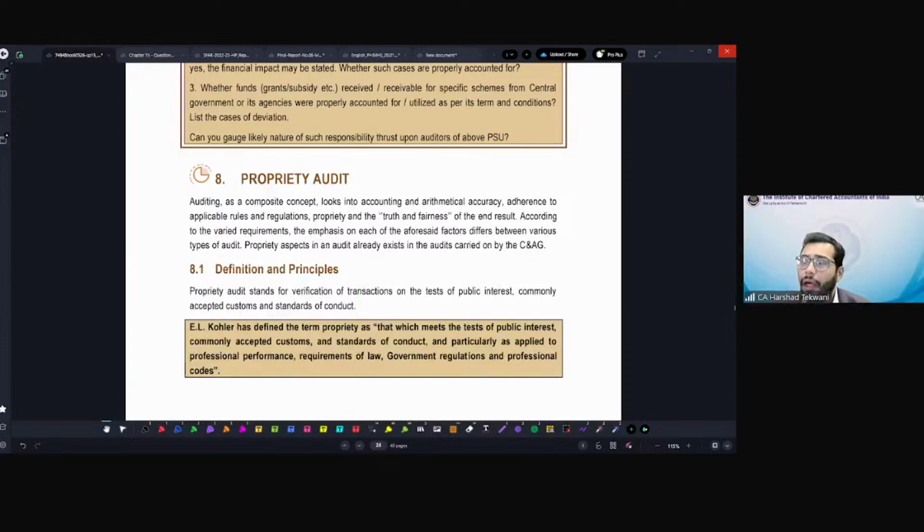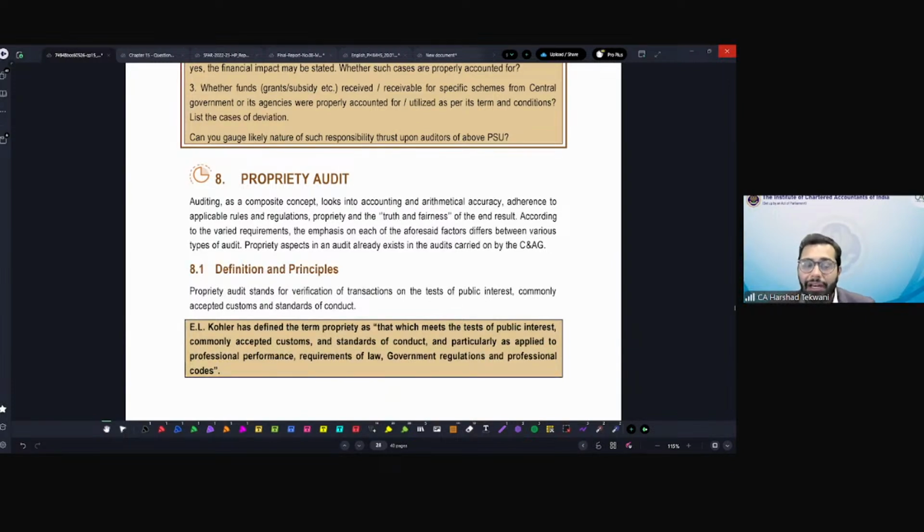Let's say a contract for some roads or some infrastructure project. Now, in performance audit, what do you check? Okay, this is the contract that was given. Based on the contract, this many kilometers of roads were supposed to be built. Whether in actual it has been built or not.